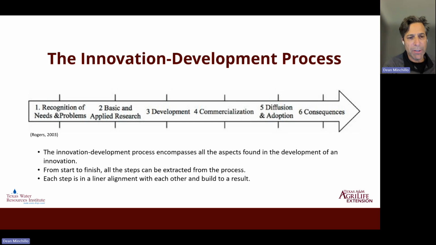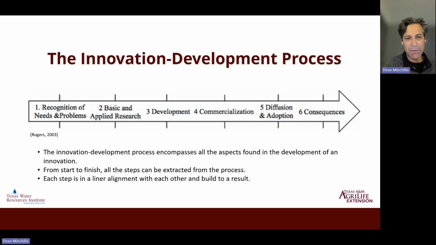Taken from Rogers' book, this is a graphic that I grabbed that shows how linear the innovation development process is. Each of these steps builds on one another. They don't always occur in the same order all the time, but generally they do.